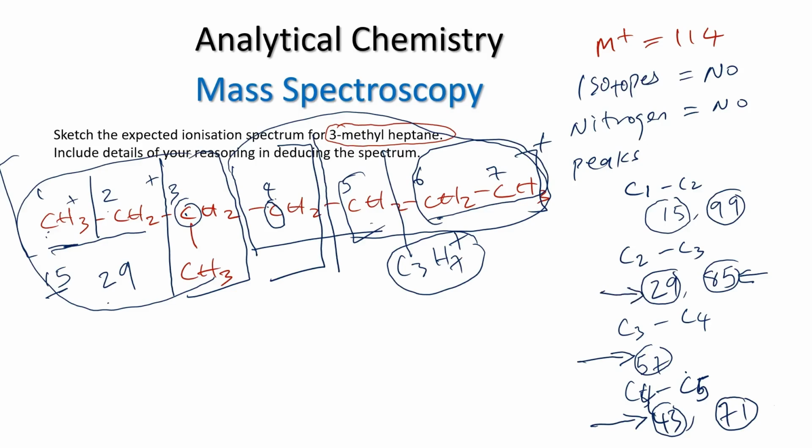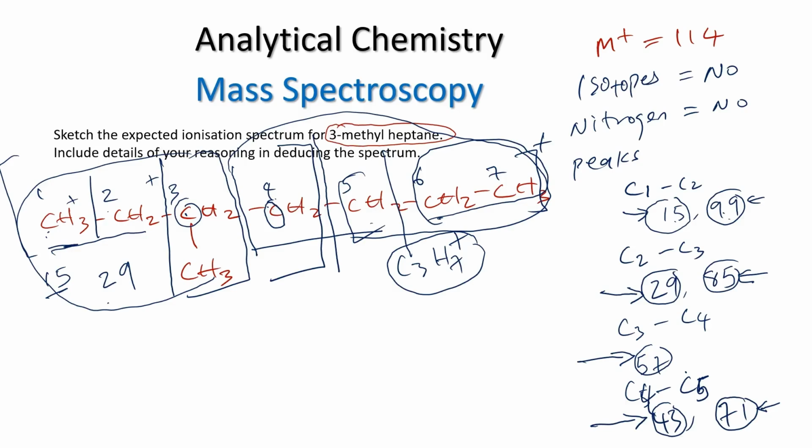It will appear, but it is not that significant. 99 and 15 are not that significant, because methyl carbocations are usually not stable, so the fragments will not be that abundant. So the two peaks at 15 and 99 will not be prominent.